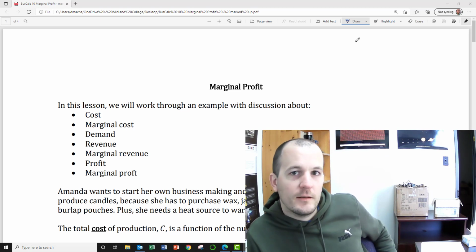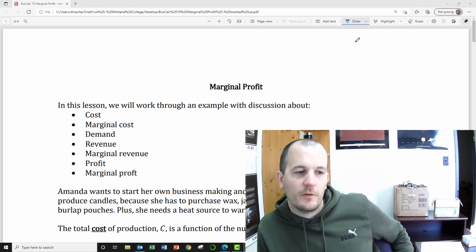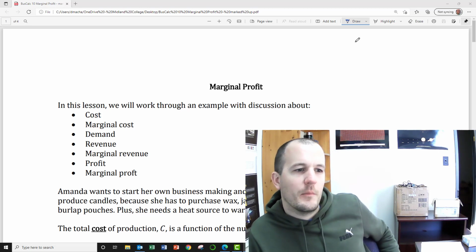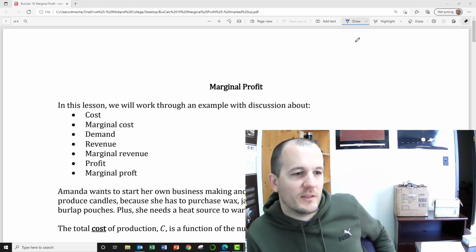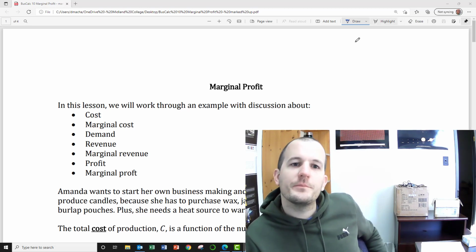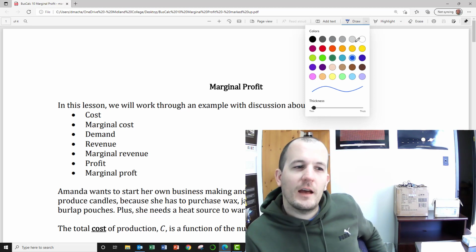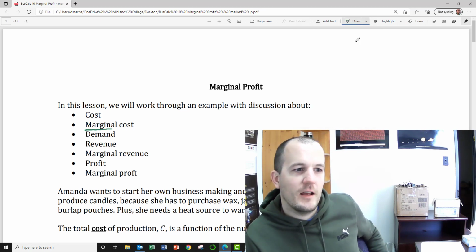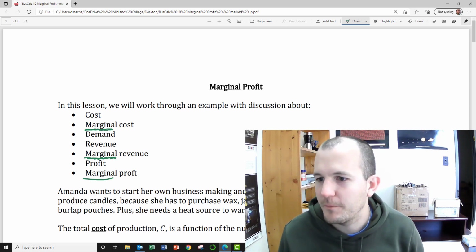We'll talk about demand and revenue and ways to model those, as well as marginal revenue, which you won't be surprised, marginal revenue is just the derivative of revenue. And then we'll also talk about profit, what that means, and also marginal profit. And marginal profit is going to be the derivative of profit, just like with the other marginal values. And so without further ado, let's get going.